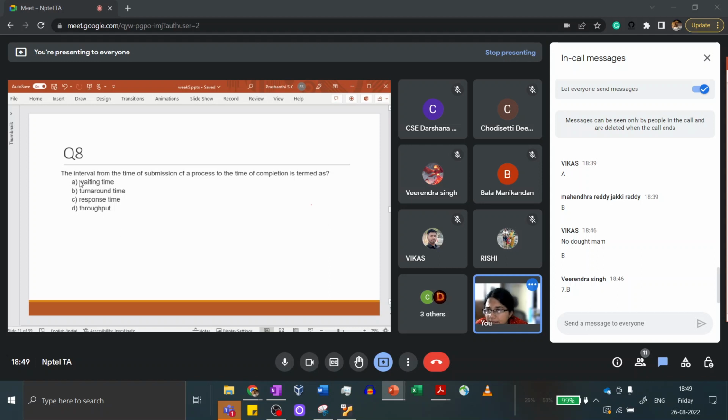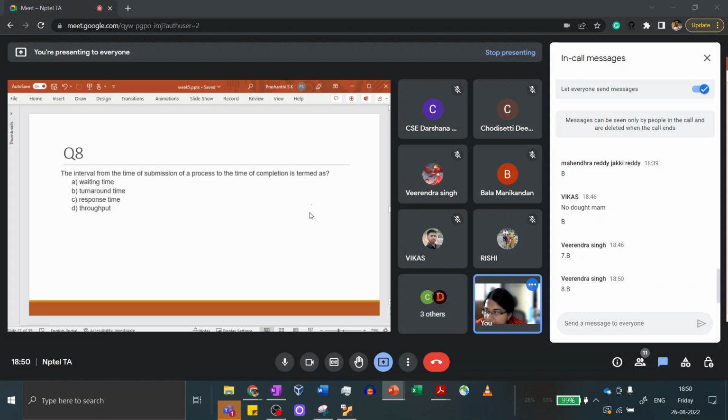Great. The interval from the time of submission of a process to the time of completion is termed as waiting time, turnaround time, response time, throughput. We just looked at these definitions, right? Does anyone remember which of these corresponds to this line above? B, turnaround time. Great.